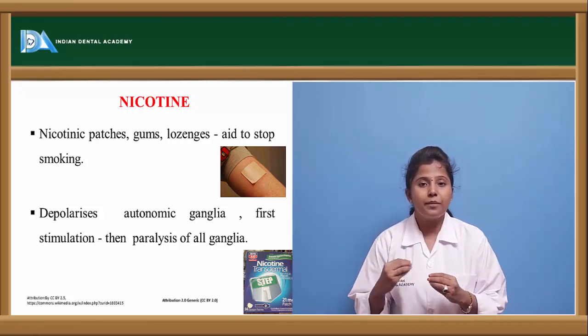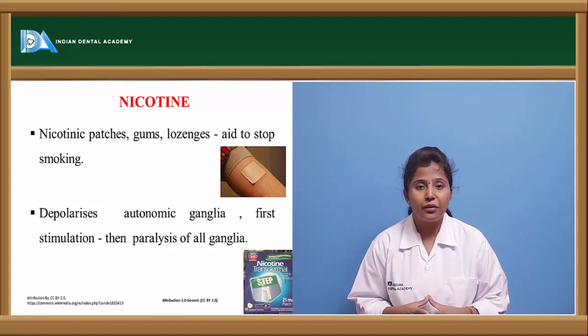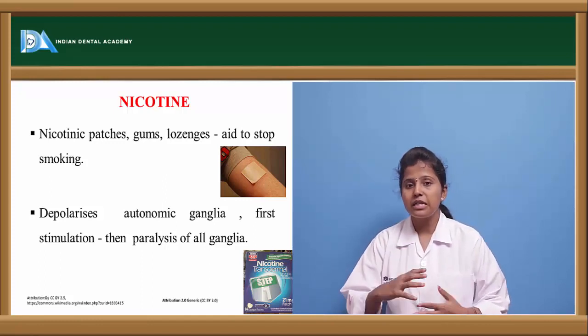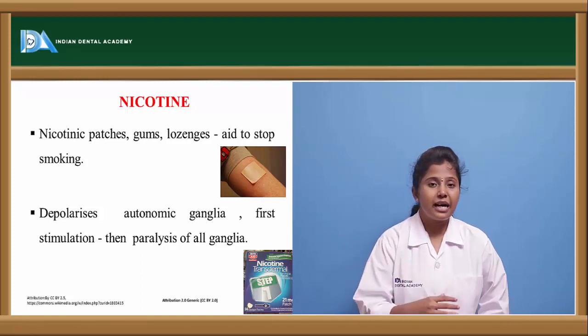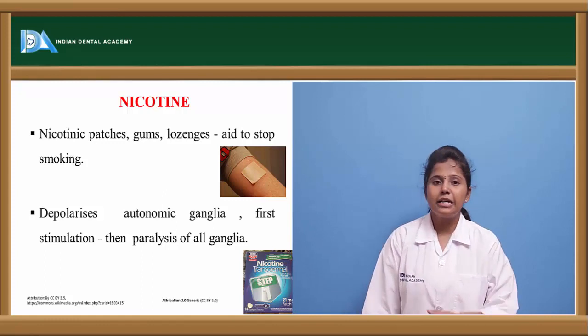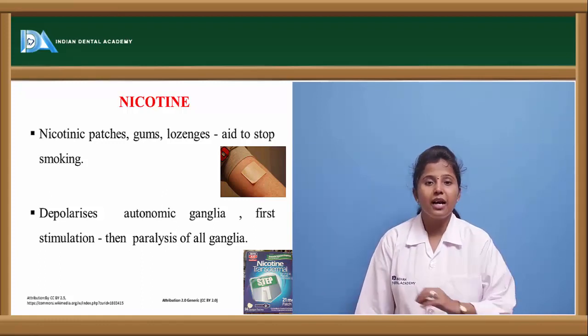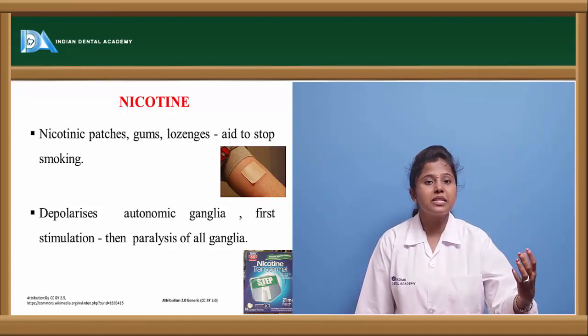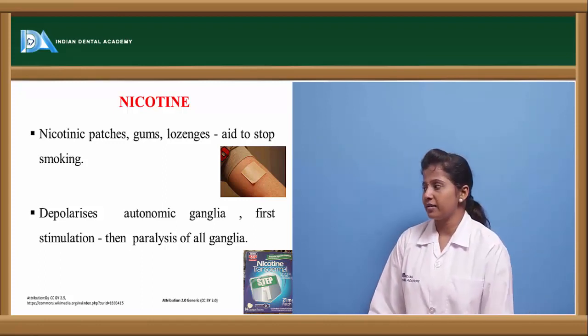There are autonomic ganglia present at the nerve endings, and the action of the nicotinic receptors present at the junction of these ganglia is inhibited, thereby causing paralysis of the ganglia. Thereby the conduction of impulses cannot take place to those nerve endings.